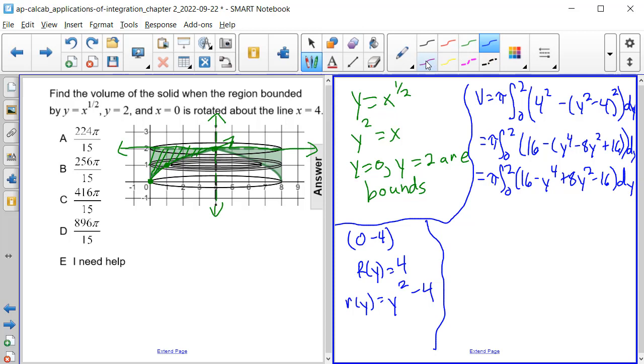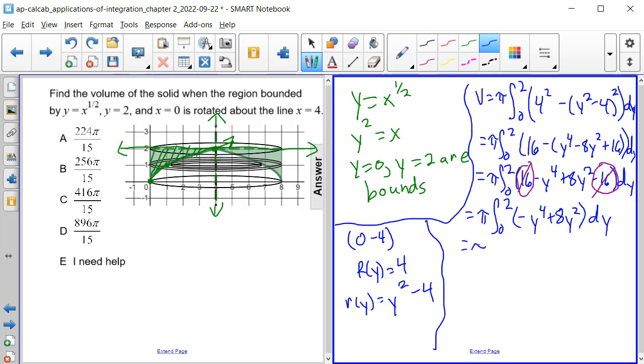Notice that the 16 in front and the minus 16 in the back cancel each other out, or add up to 0. So we're going to have pi times the integral from 0 to 2 of negative y to the fourth plus 8y squared, and we're integrating with respect to y.